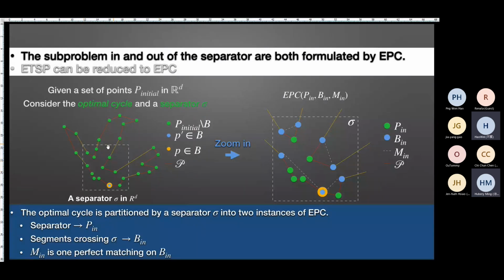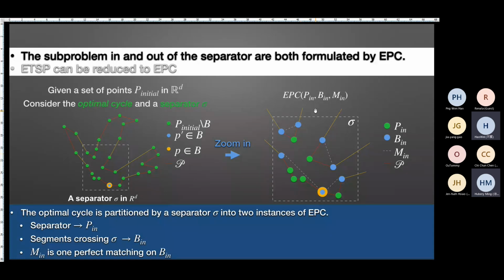We denote the segments crossing the separator by the origin lines. So let's focus on the paths inside the separator. We could observe that these paths are the solution of a certain instance of EPC.